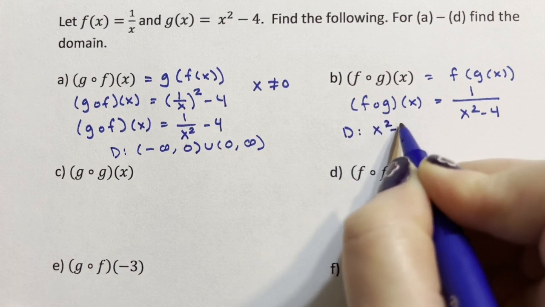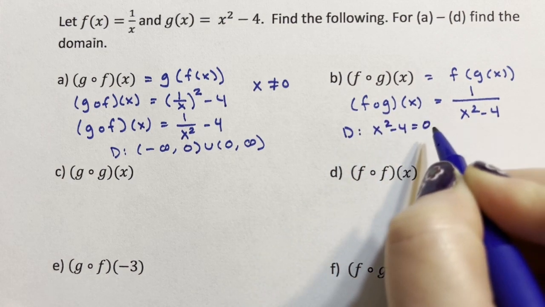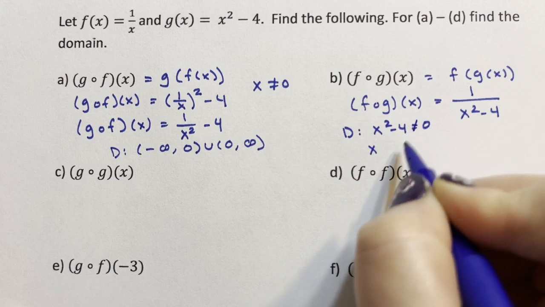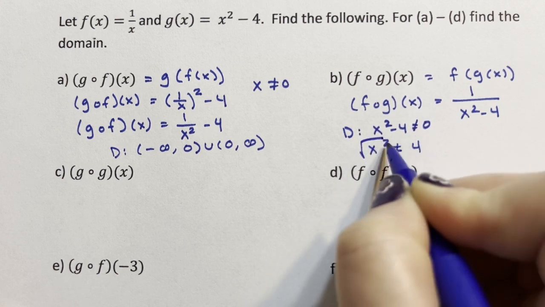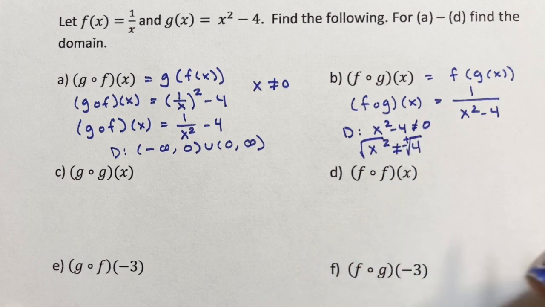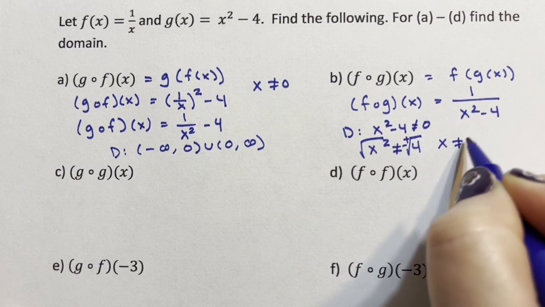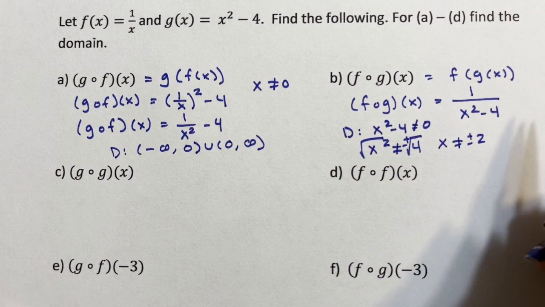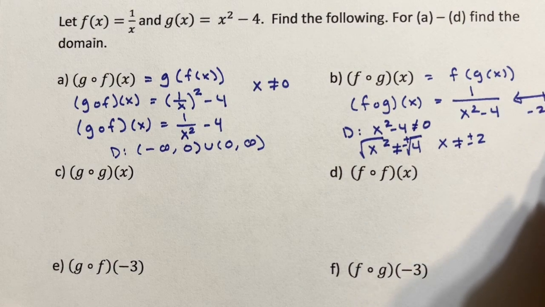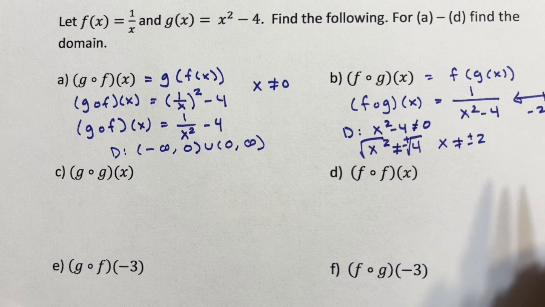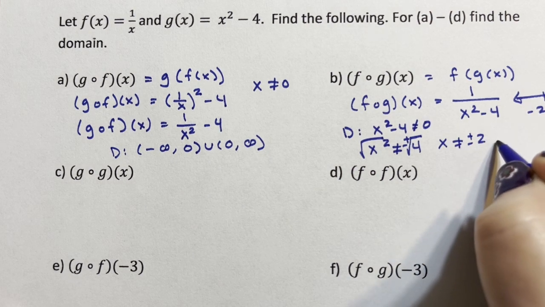x squared minus 4 can't be 0, which means x squared can't be 4. And when we square root this, we have to put a plus or minus in. So x cannot be plus or minus 2. Can't be a negative 2, it can't be a positive 2. So when we do this domain, it's more complicated.